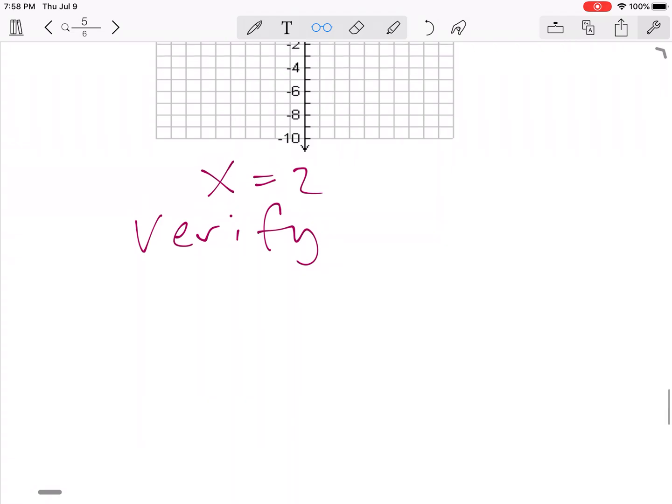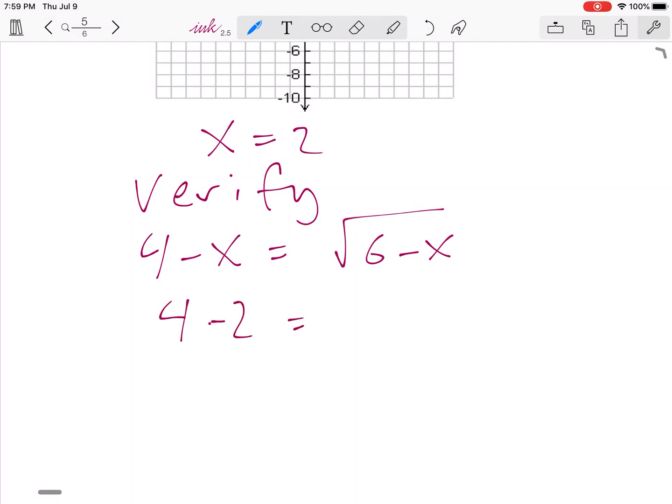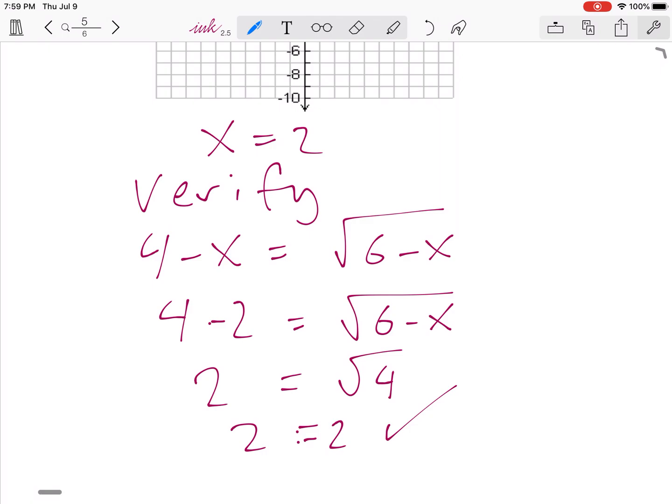So our equation here is 4 minus x equals square root of 6 minus x. So 4 minus 2, and then the square root of 6 minus 2. That's going to be 2, and the square root of 4 is 2, so 2 equals 2. Okay, so the left side equals the right side.